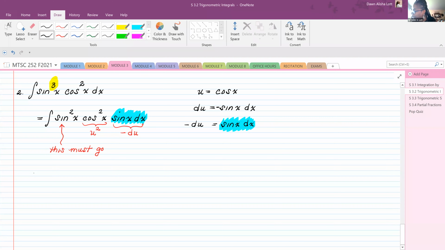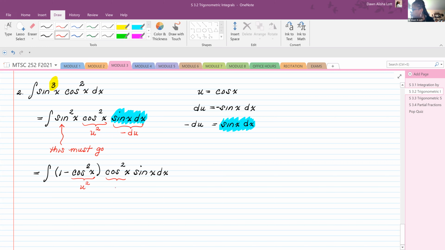But I do know that I can trade it off. So sine squared is 1 minus cosine squared of x. And then I still have cosine squared of x. And then I have the sine of x dx. So now it's perfect that this is going to be u squared.